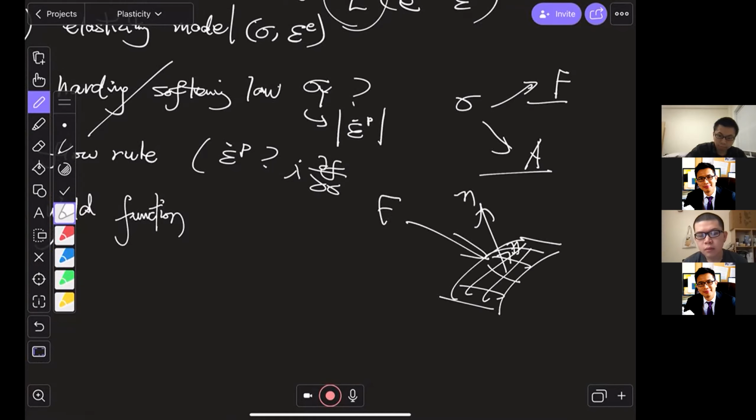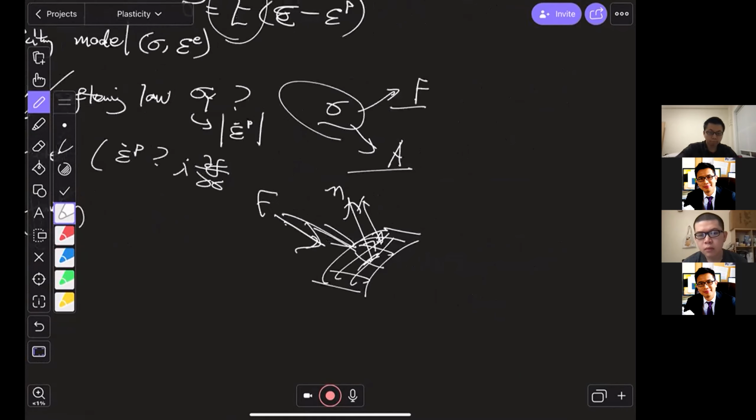So how does that force hit the surface? That introduces two vectors. As a result, in order to represent the stress, you need to represent it in a matrix, because there are two directions acting on the stress. One is the direction of the force, and the other is the orientation of the surface. Let me give you an example.